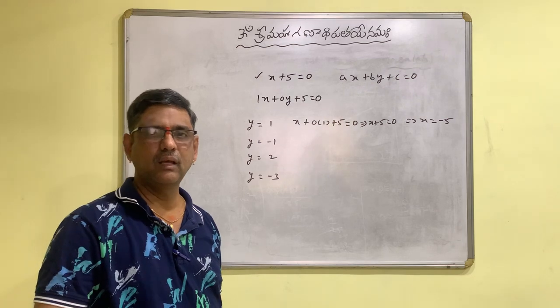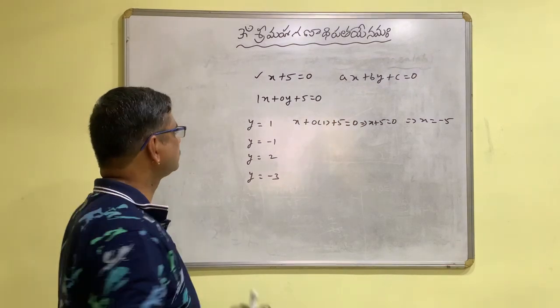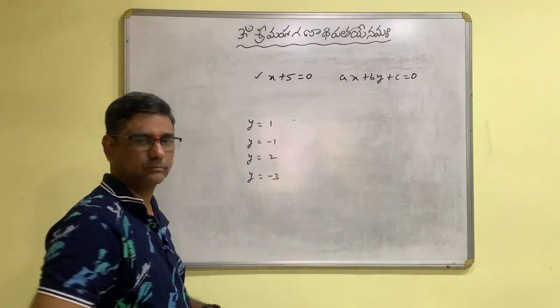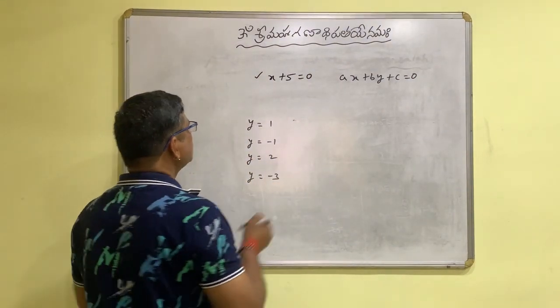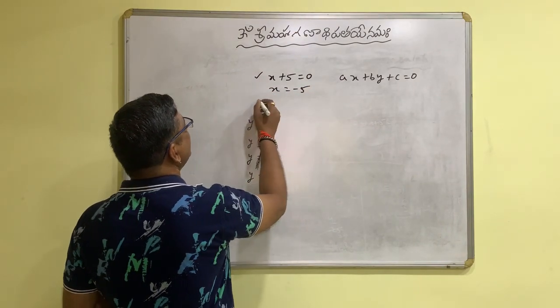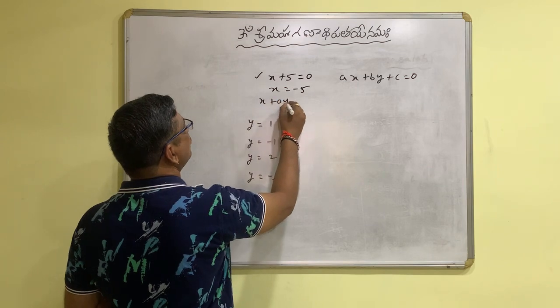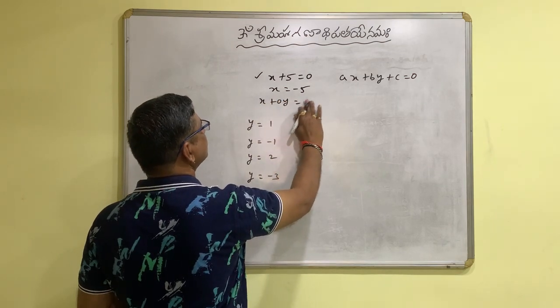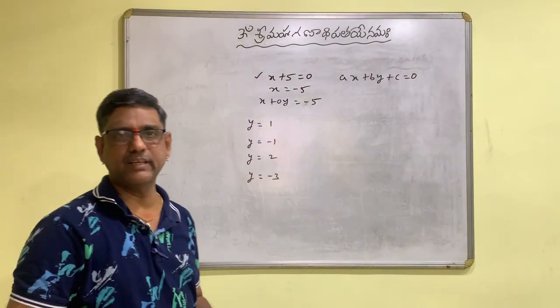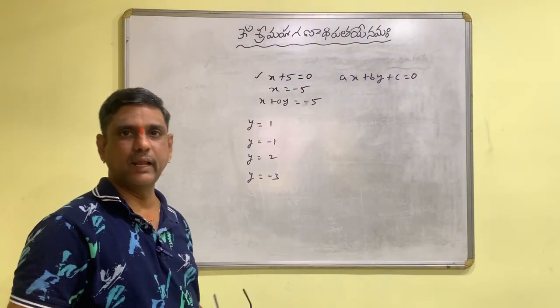Now x plus 0y is equal to -5. We can do like that also.